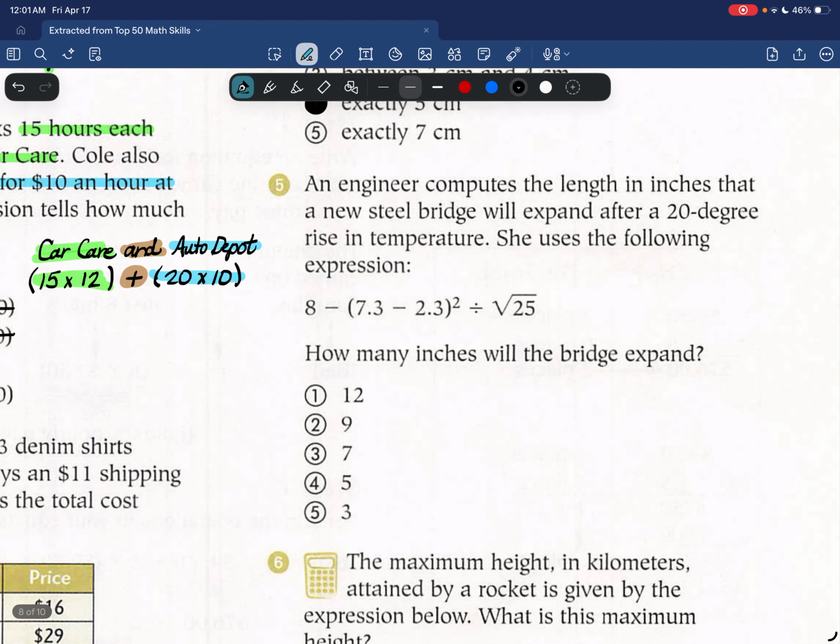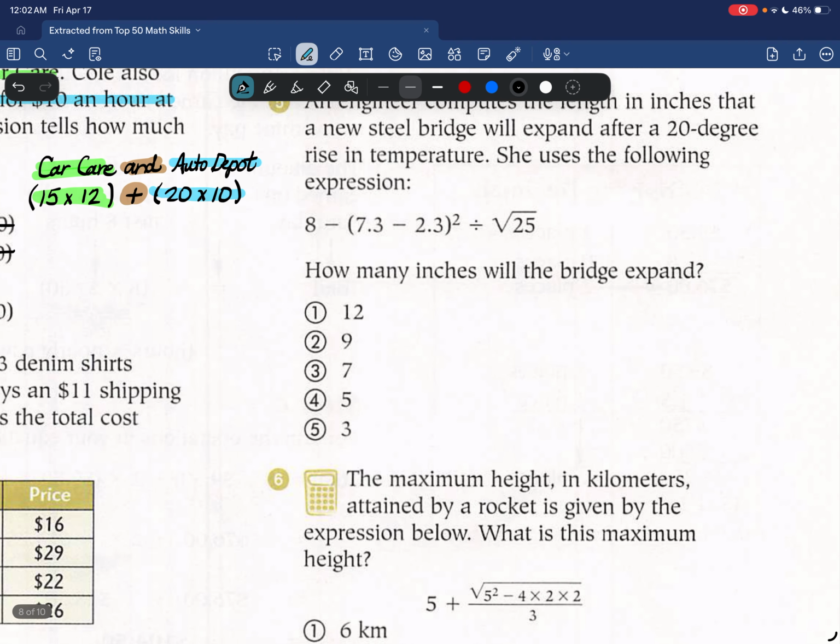Number 5. An engineer computes the length in inches that a new steel bridge will expand after a 20-degree rise in temperature. She uses the following expression. How many inches will the bridge expand?